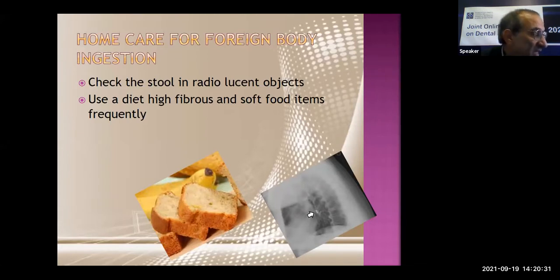Passage of the object in the stool may take days to weeks, for example, 2 weeks, and parents should observe for this. The diet should be high in fiber, with frequent ingestion of soft food items such as banana or moistened bread, which may aid the passage of the solid foreign object.